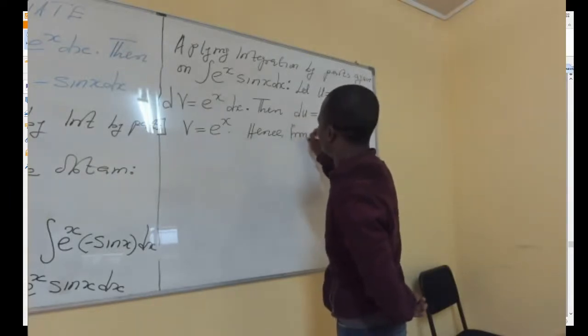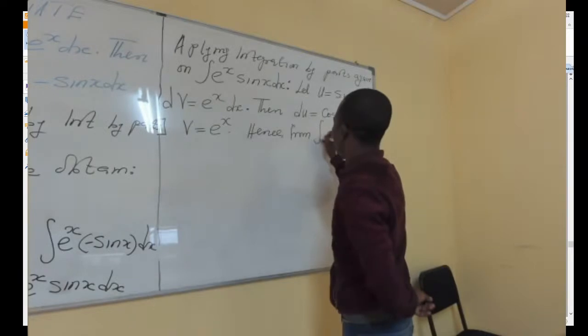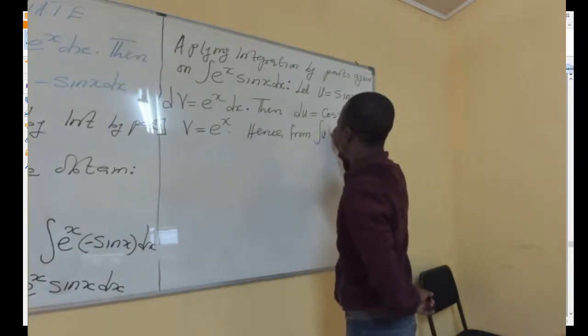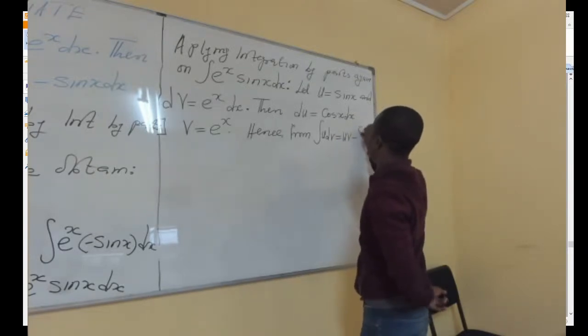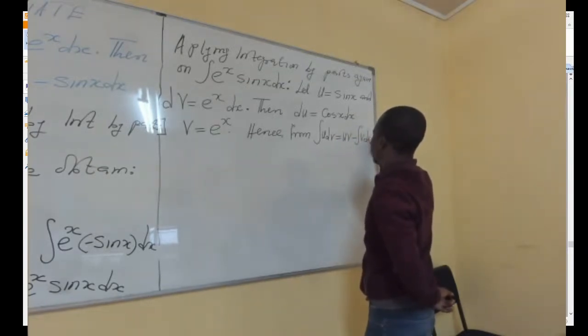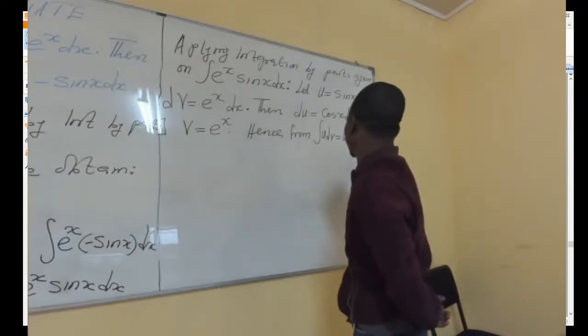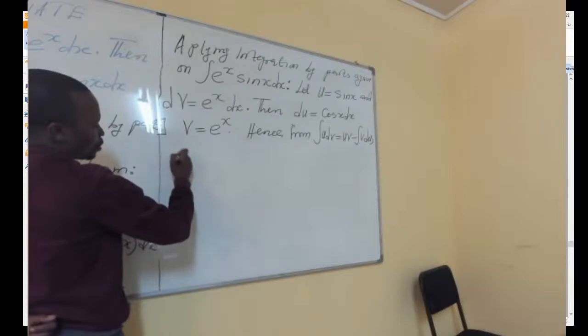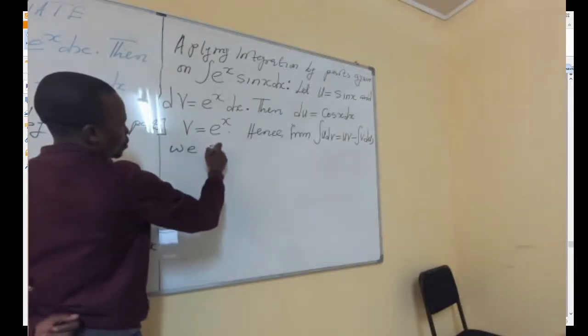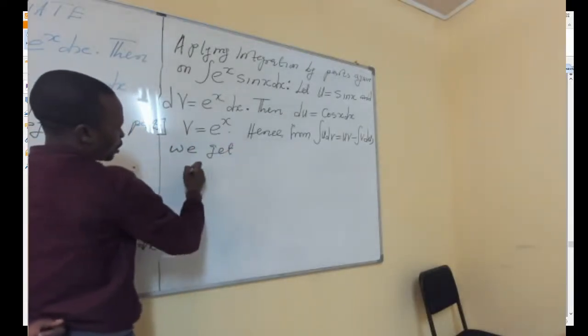from the integral of u dv, which is equal to uv minus the integral of v du, which is the integration by parts formula, what you're going to get is that we get the integral.